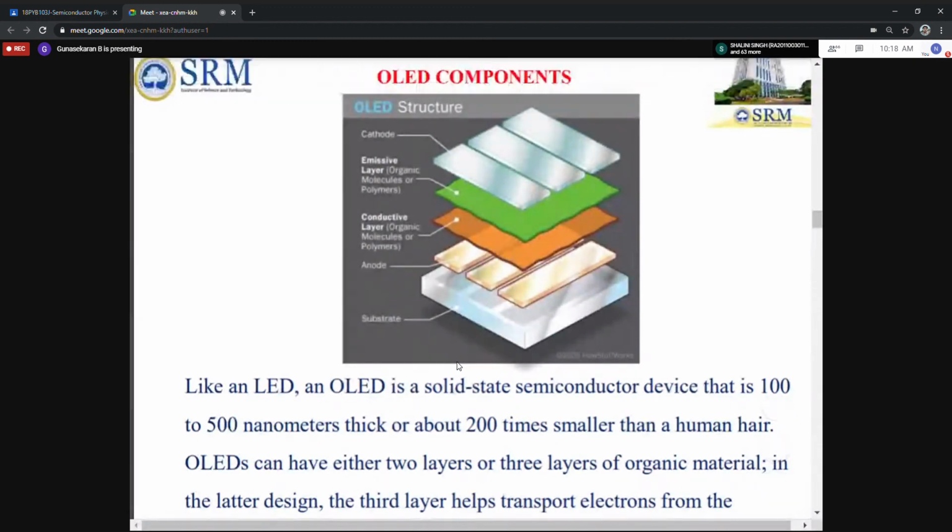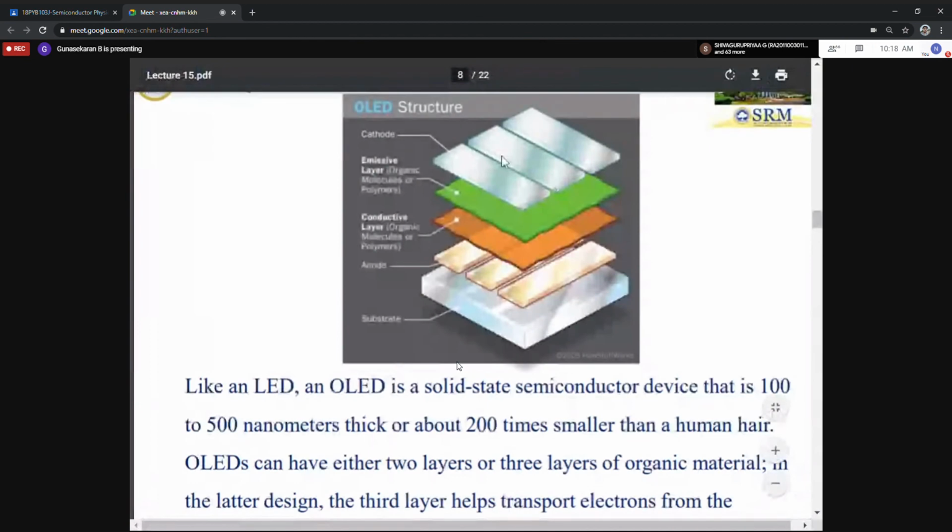Both the conductive and emissive layers are made up of organic molecules or some polymers. Here is the conductive layer and this is the emissive layer. Next, this is the cathode. On top of the cathode, you get the seal. I think the seal is not shown here. So here are the substrate, anode, conductive, emissive, cathode, and one more layer, the seal. There are 6 layers.